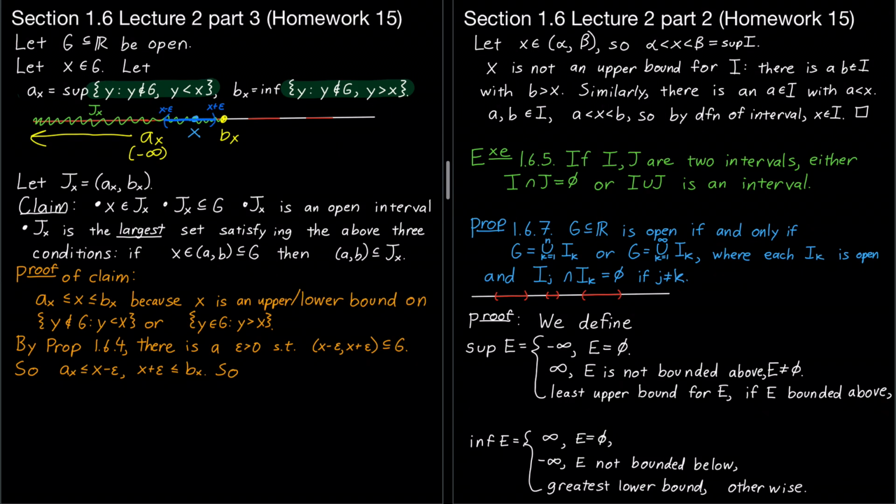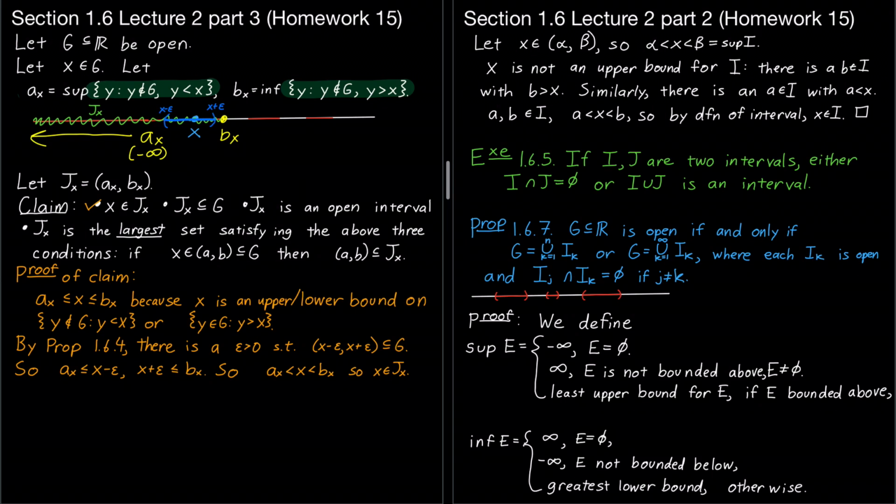So in particular, a_x is strictly smaller than x, which is strictly smaller than b_x. So x is in our interval J_x.